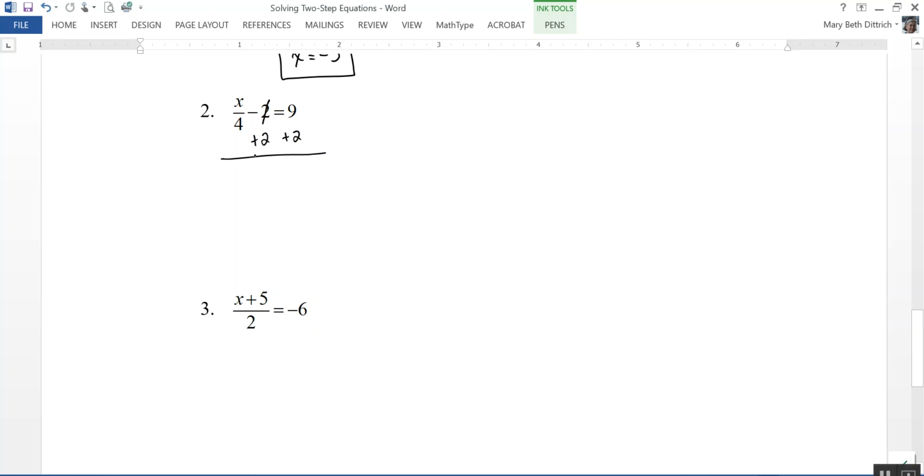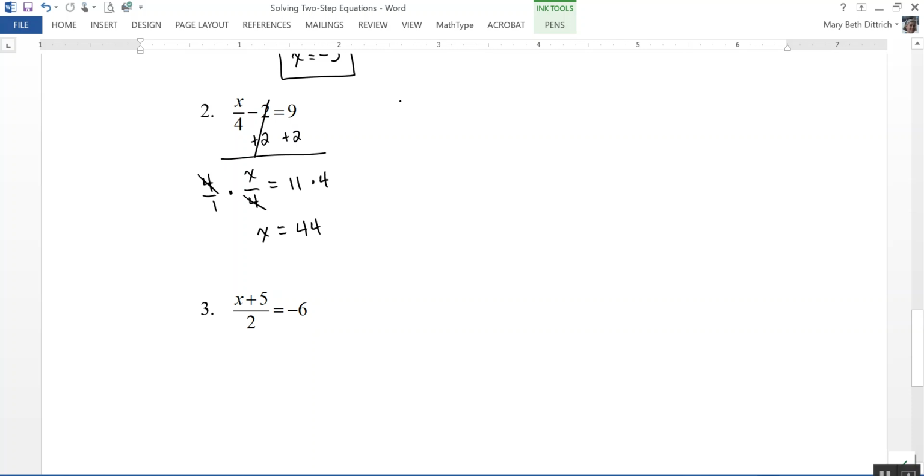So negative 2 plus 2 is 0. So that leaves me with x divided by 4 is equal to 9 plus 2, which is 11. So now x is being divided by 4, so I want to multiply both sides by 4. So 4 over 1 times x over 4. My 4's cancel out, they basically make a 1. So I have x equals 11 times 4, which is 44.